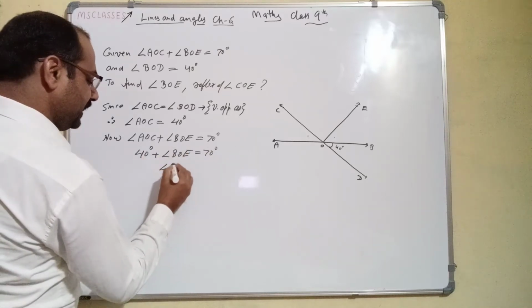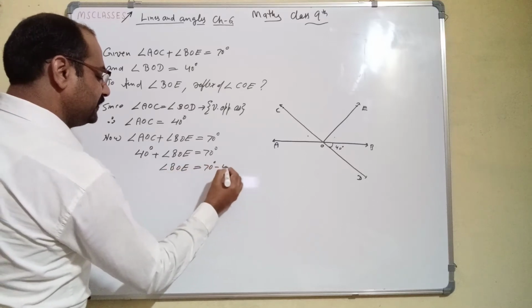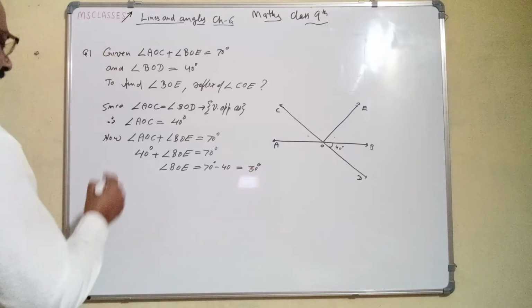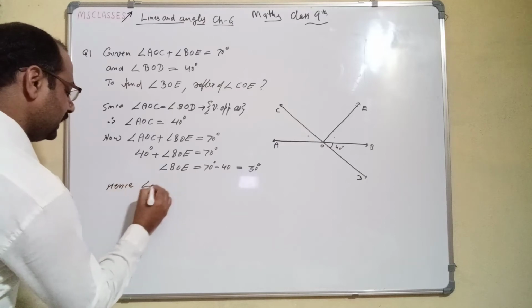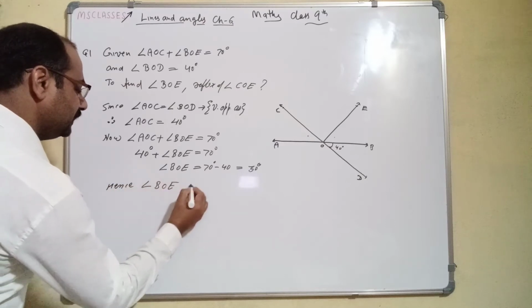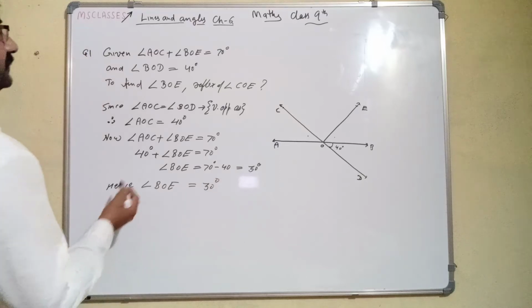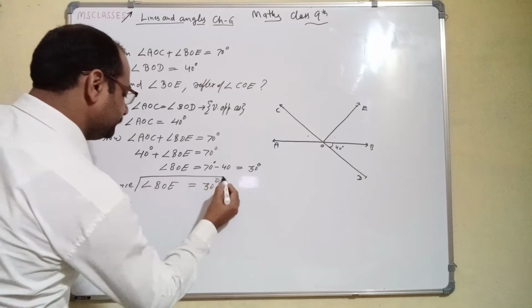You have left angle BOE is equal to 70 degree minus 40 degree, this is equal to 30 degree. Hence, angle BOE is equal to 30 degree. This is your first solution, angle BOE. This is first answer.